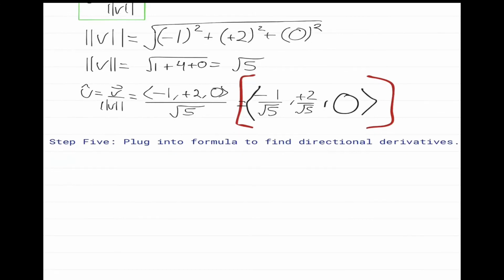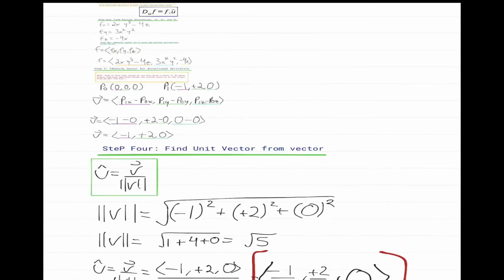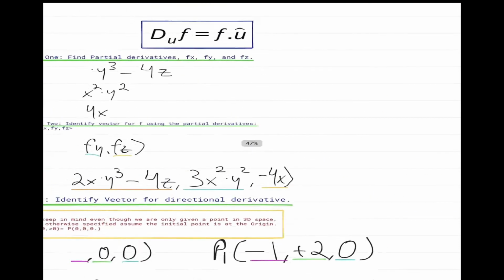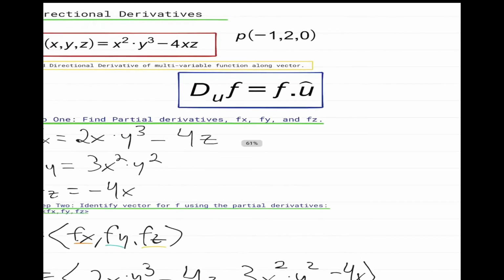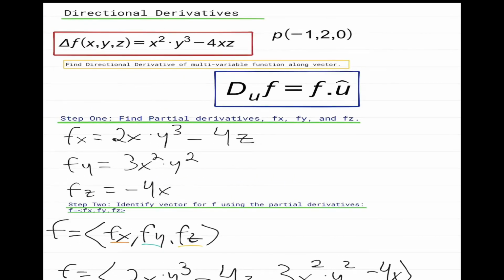So for step 5, we're going to plug into the formula to find directional derivatives. So what formula are we going to use? Well, remember at the beginning, anytime we're trying to find the directional derivative of a multivariable function along a vector, we use this formula right here.